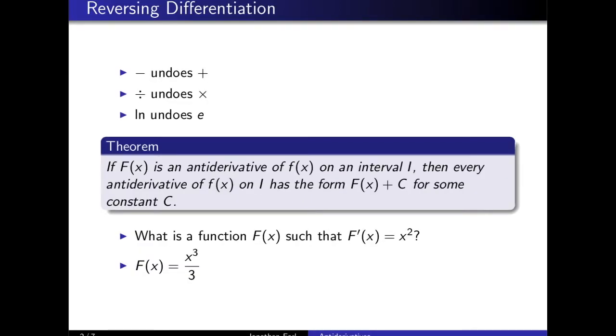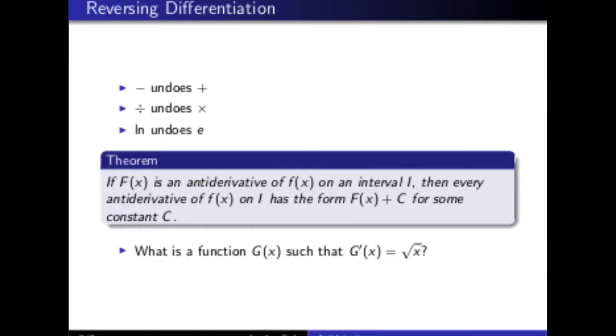So one function that would satisfy this is x cubed over 3, because when you take that derivative, you'll clearly get x squared. But I could take x cubed over 3 plus 29. I could take x cubed over 3 minus 17, and so on. I could just add any constant I like, and I would still have an antiderivative.